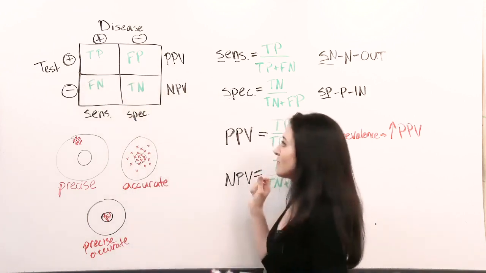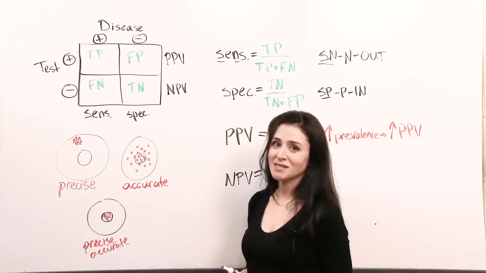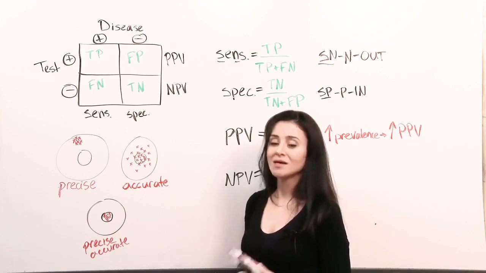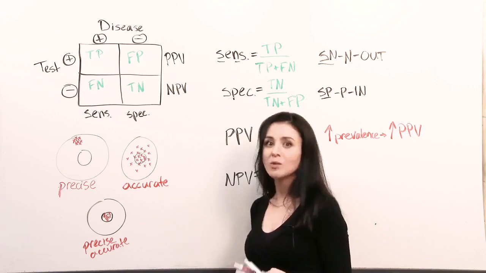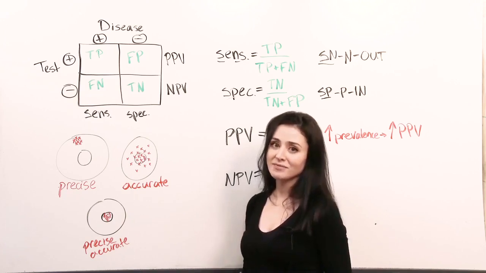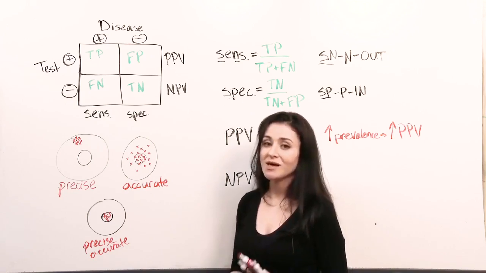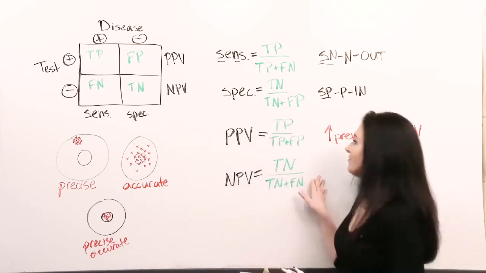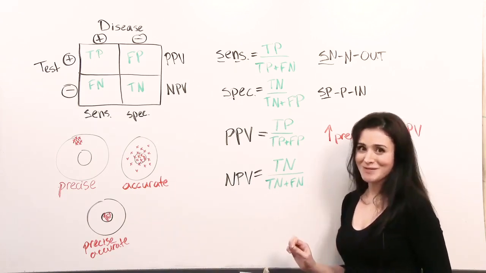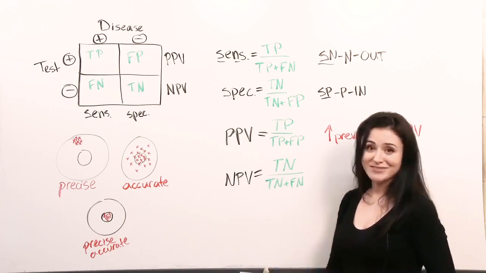You should also remember that sensitivity is going to be referring to people who have a disease, and specificity is going to be referring to people who do not have the disease. Likewise, positive predictive value refers to people who have a positive test result, and negative predictive value refers to people who have a negative test result. And finally, when you are deriving all of these formulas, remember, true goes on the top and the sum goes on the bottom. And that's it for diagnostic tests.